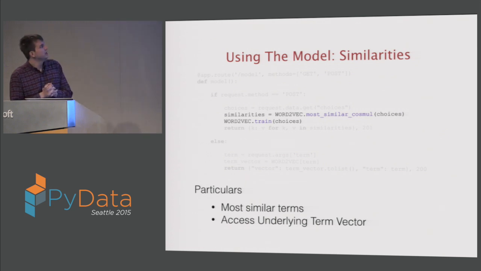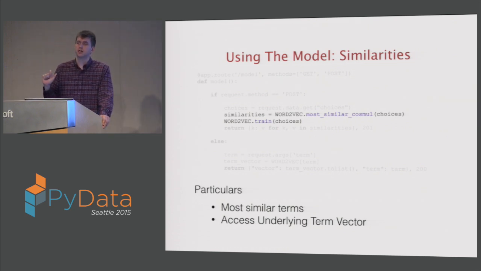So this is the part where we're actually doing the recommendation and the retraining. You saw I had my choices and then I had that vector of choices I made. This most similar cosine is basically doing the cosine similarity between the word or words in question and all the other terms.